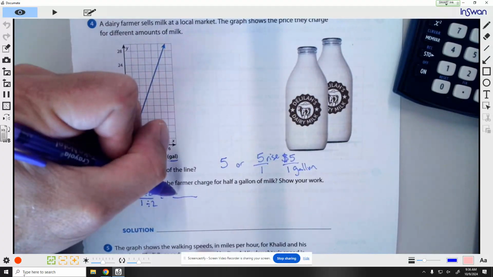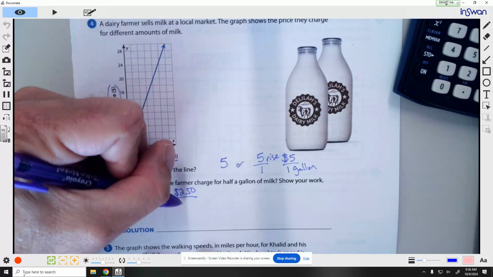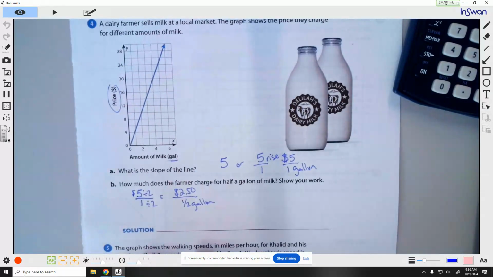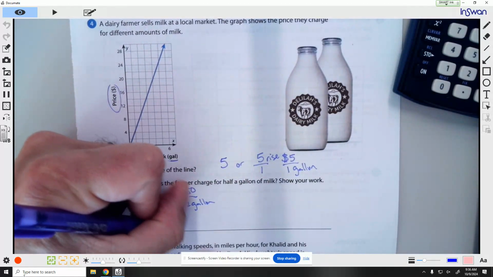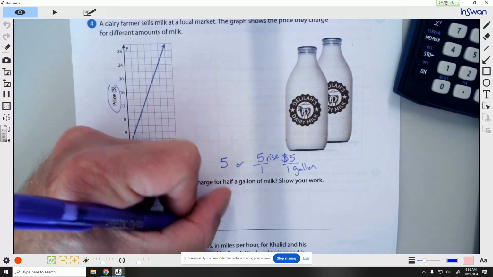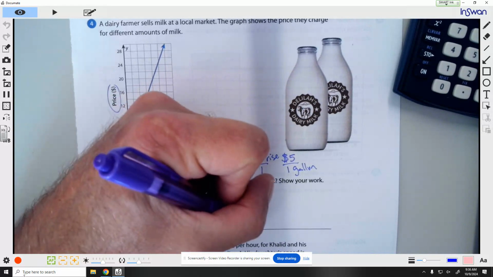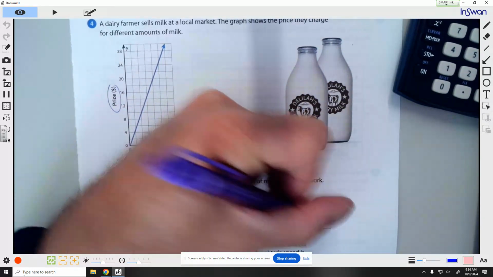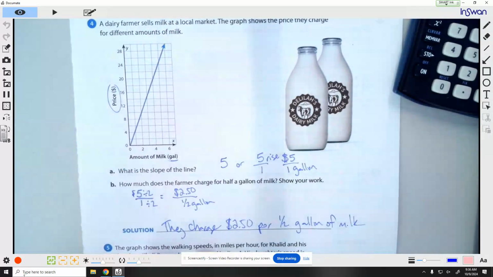So $5 divided by 2 gives you $2.50. 1 divided by 2, that's our half gallon. So our solution for this one would be, we would say, they charge $2.50 per half gallon of milk.